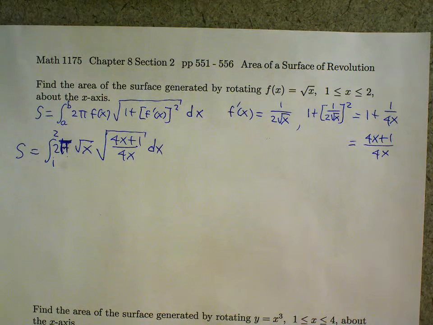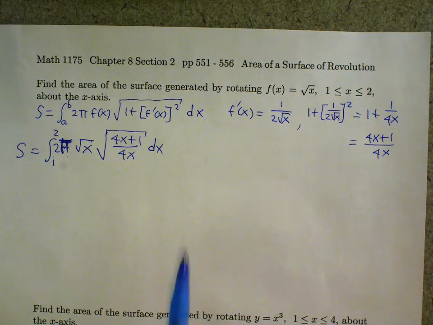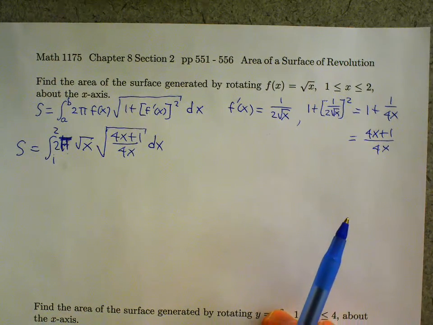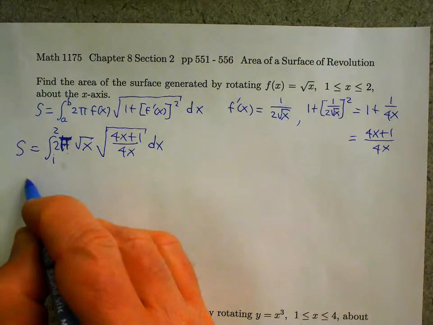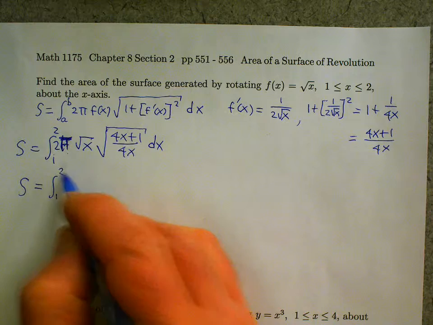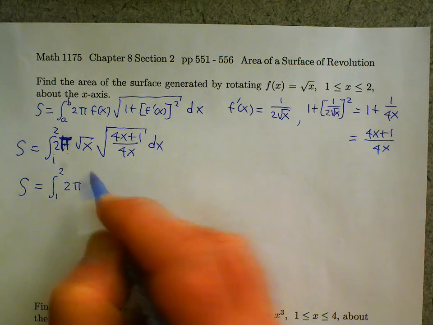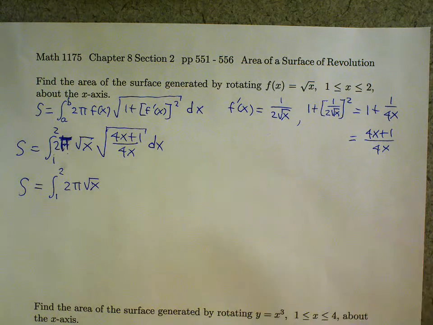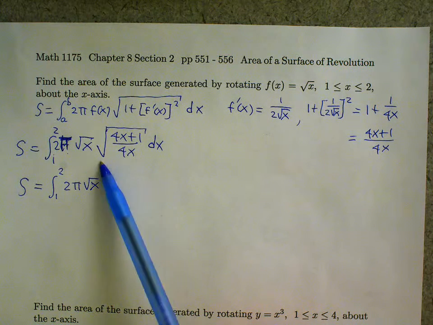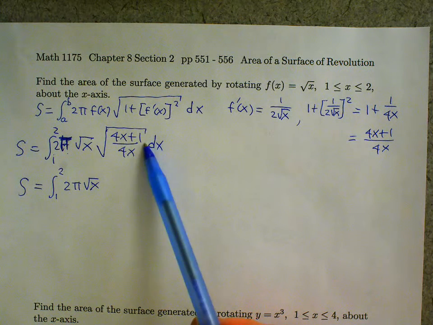Okay, so how is this going to simplify? The square root on the right, we have the square root of the rational expression 4x plus 1 over 4x.